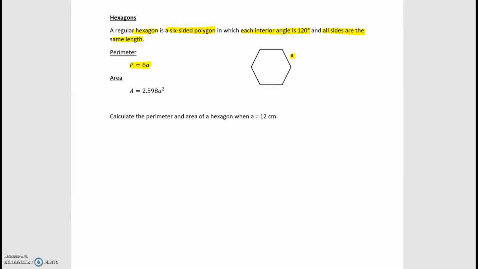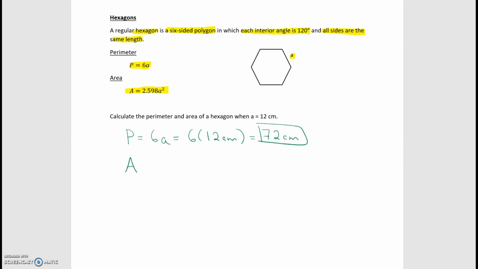The area formula is something very specific, 2.598 times A squared. So let's calculate the perimeter and area of a hexagon when A is 12 centimeters. Perimeter equals 6A. In this case, A is 12 centimeters. This works out to a nice whole number of 72 centimeters.